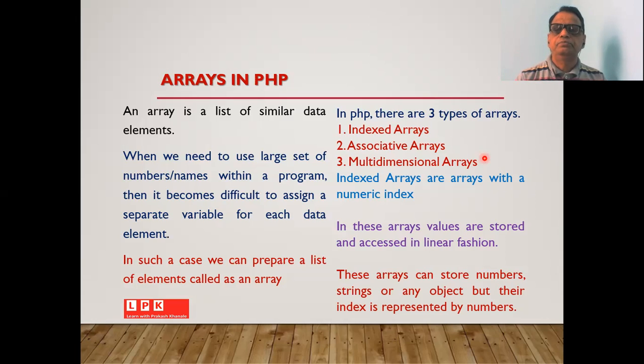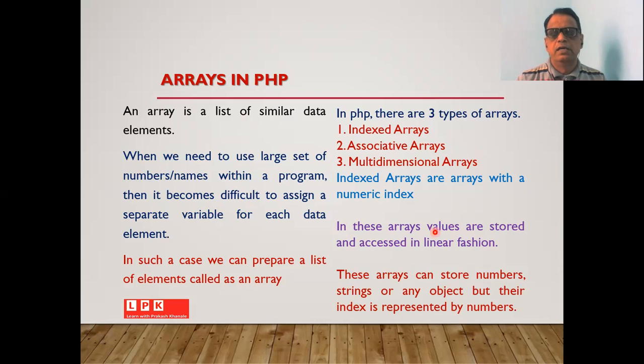Index arrays, as the name indicates, have a numeric index. An index is a variable which is used whenever we want to access an individual element of the list or array. These index variables are numeric as far as index arrays are concerned.